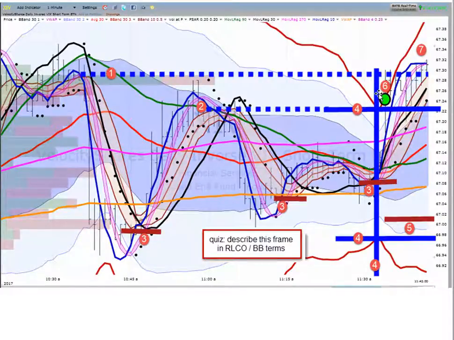Now framework number 4, the vertical blue line indicates where we're stalking, and the reason we're stalking is because we notice this Z3 pinch from 67.22 down here to 66.98. That's a 24-cent Z3 line pinch.